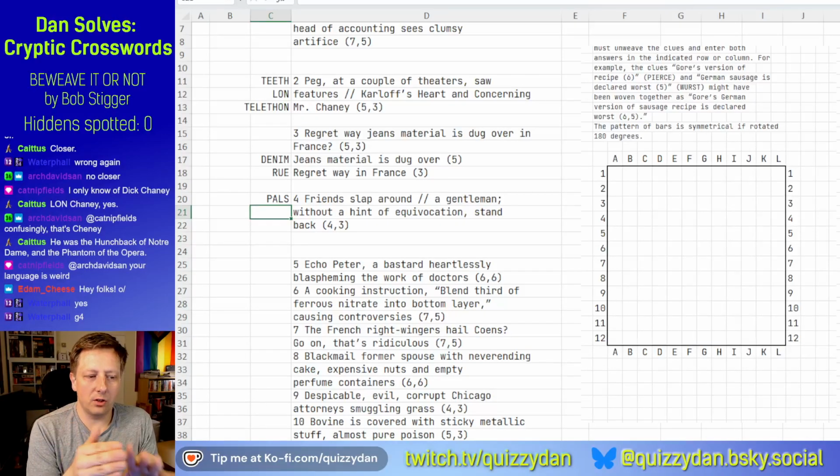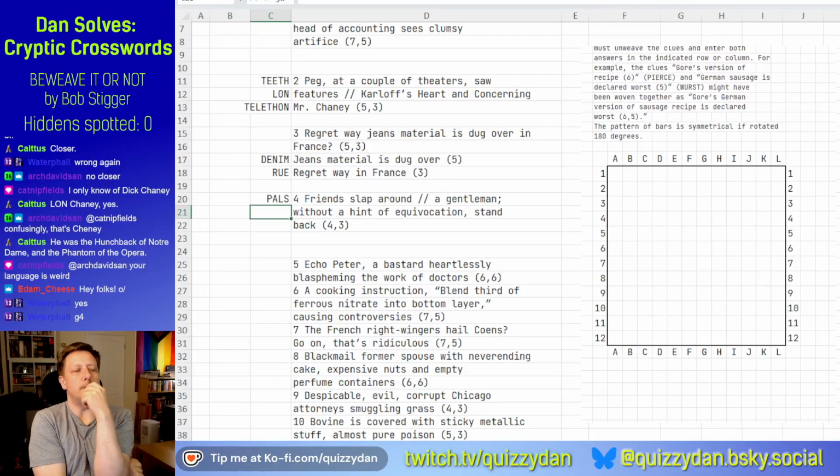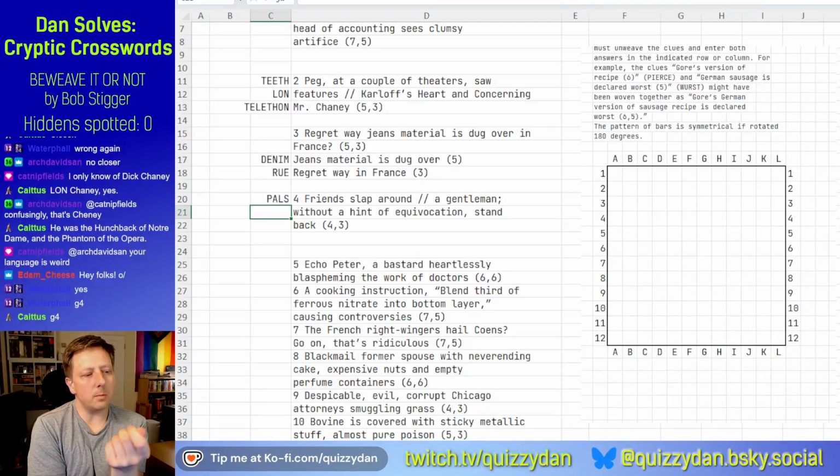Back could mean reversal, but I kind of want the definition to be stand back. A gentleman without a hint of equivocation. So I'm going to take the E out of something. So mal from male. A sir? I want it to be sir.